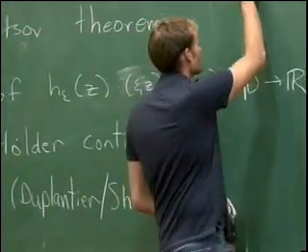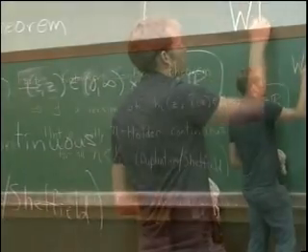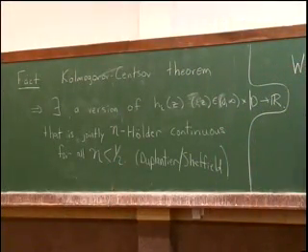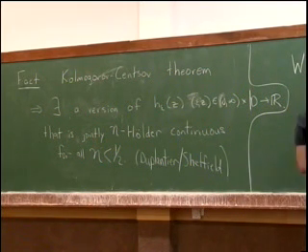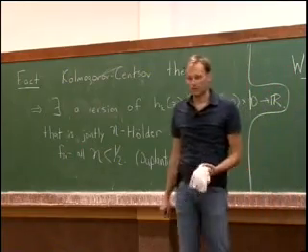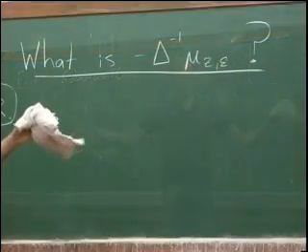Okay, so let's look at what is the inverse Laplacian of that probability measure. It's easiest to figure out if you pretend that your domain was just the entire plane.